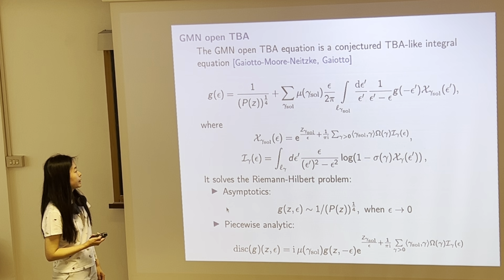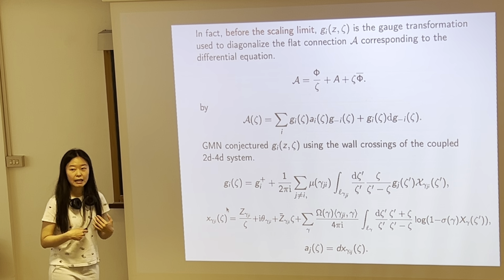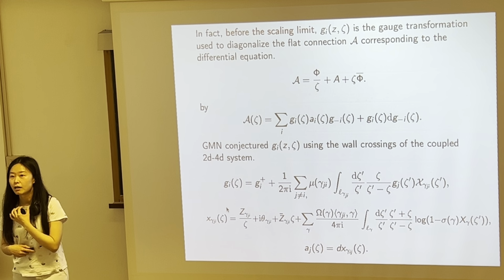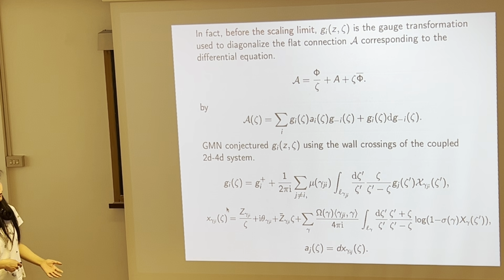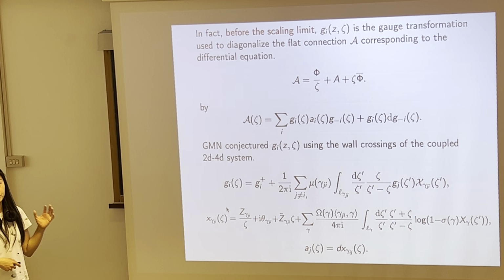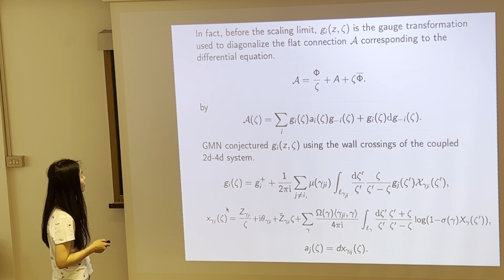Here I want to mention quickly where this open TBA equation originally comes from. And I want to go back to this explanation in the introduction on why we could see a second order ODE from the 4D N=2 theory by going to the 3D N=4 supersymmetric field theory with target space a hyperkähler manifold.